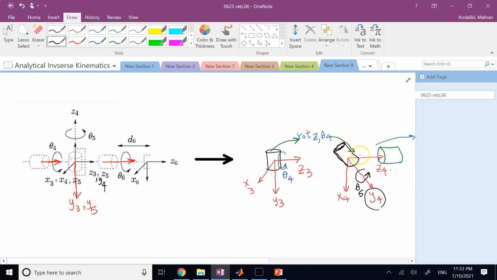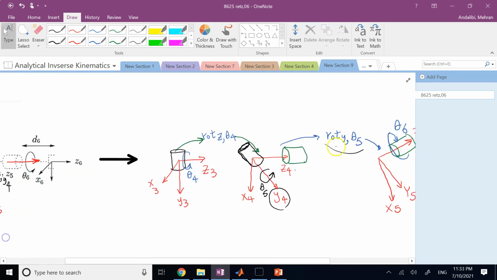So you go to the next configuration, and if you look, the axis of the second joint was really y3 axis, right? It was y3, which now, based on what we had in Euler angles, the z3 stays the same as z4, or z4 is the same as z3, but x3 and y3 are rotated into x4 and y4, and now that y3 becomes y4, that's the axis of the second joint.